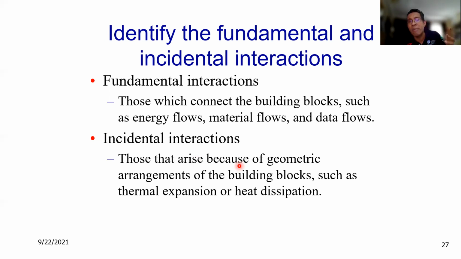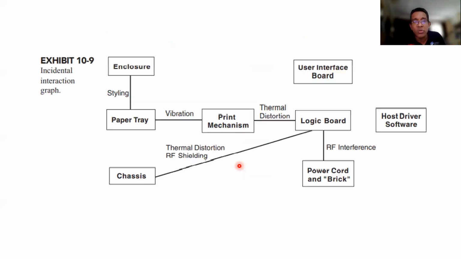Instead of vibration, there is also thermal, for example, heating. So that is all you need to see. For example, you load the paper tray, there is vibration in the printing mechanism. So there is interaction you need to see.